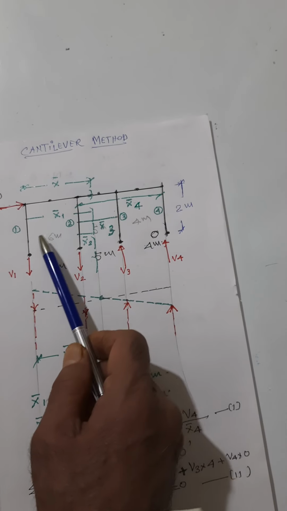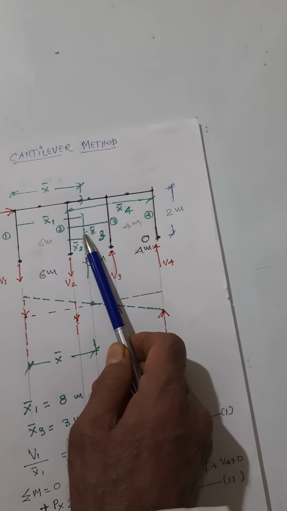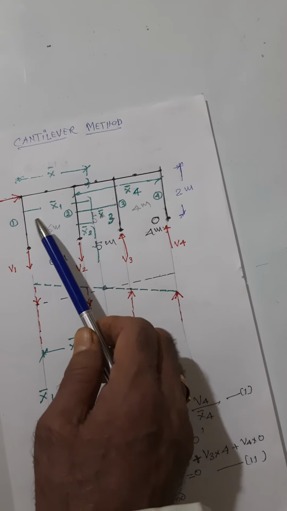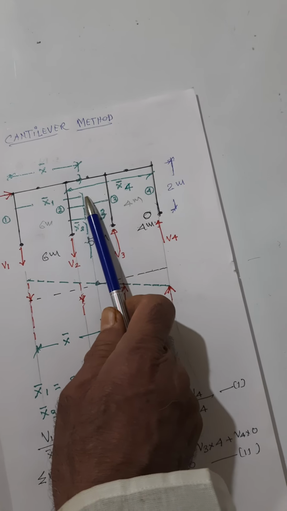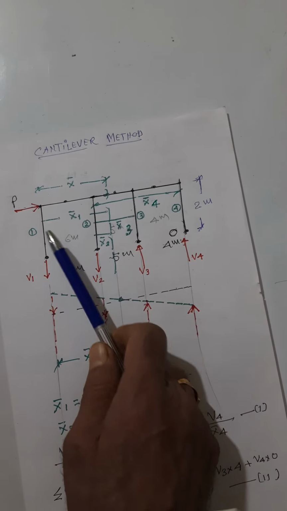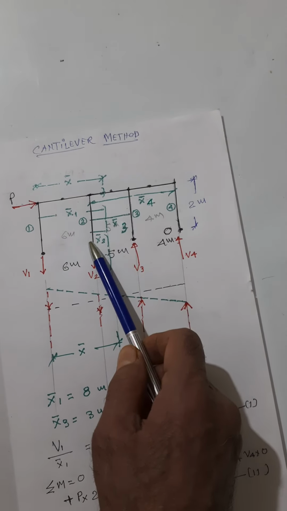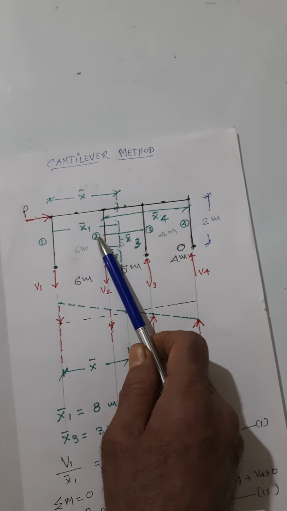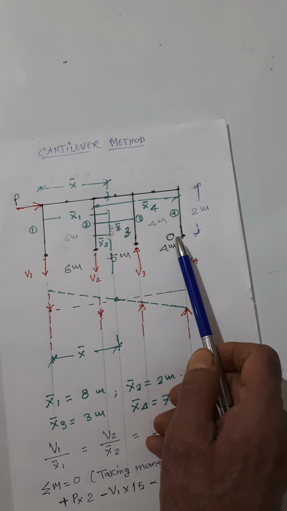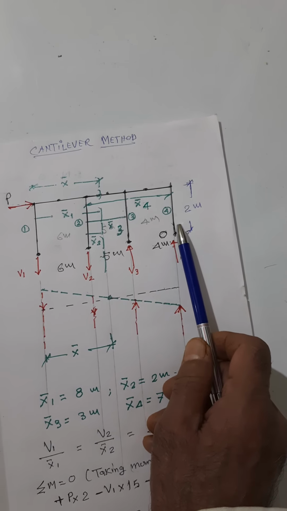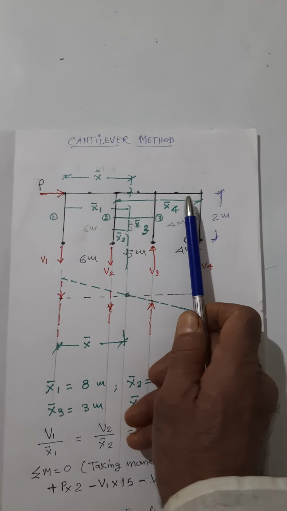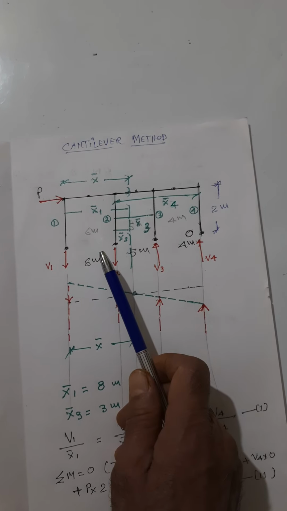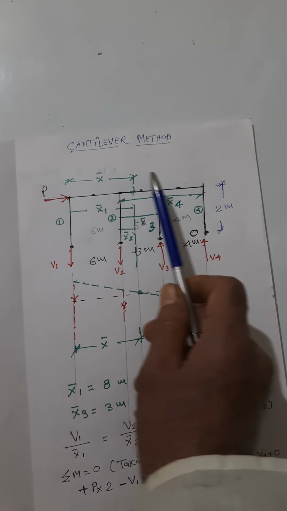That is, if this is the distance from the CG of the whole frame to column 1, x bar 1, then V1 is proportional to x bar 1, V2 is proportional to x bar 2, V3 is proportional to x bar 3, and V4 is also proportional to x bar 4. So these vertical forces are directly proportional to the distance from the CG of the whole frame.